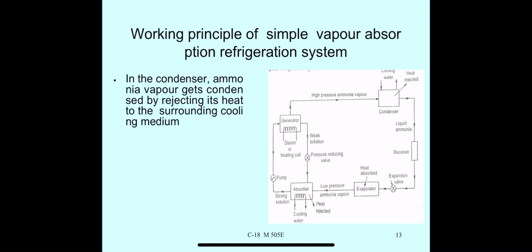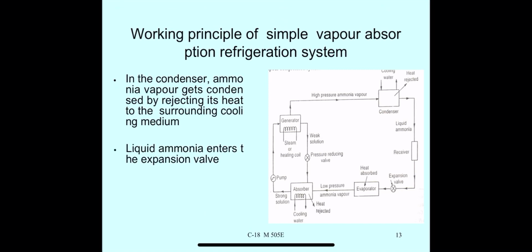In the condenser, the ammonia vapor gets condensed by rejecting its heat to the surrounding cooling medium. The cooling medium may be water or air, whatever cooling medium we are considering. Based on that, the vapor refrigerant is converted into liquid refrigerant.